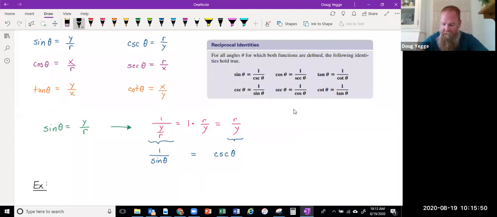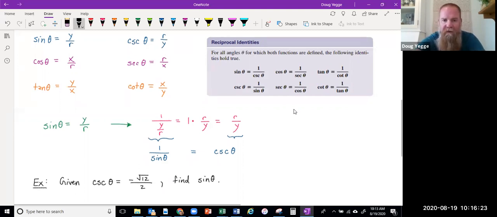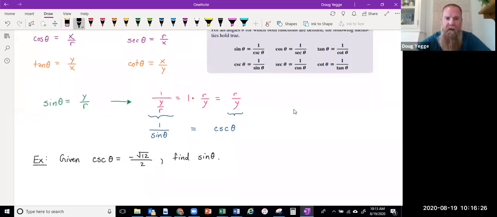So let's just say, for example, that we are given that cosecant of theta is equal to the negative of root 12 over 2. And we want to find sine of theta. Well, we should realize by this reciprocal identity that we're able to just simply take the reciprocal of cosecant theta to find sine theta, but we want to write the notation accurately.